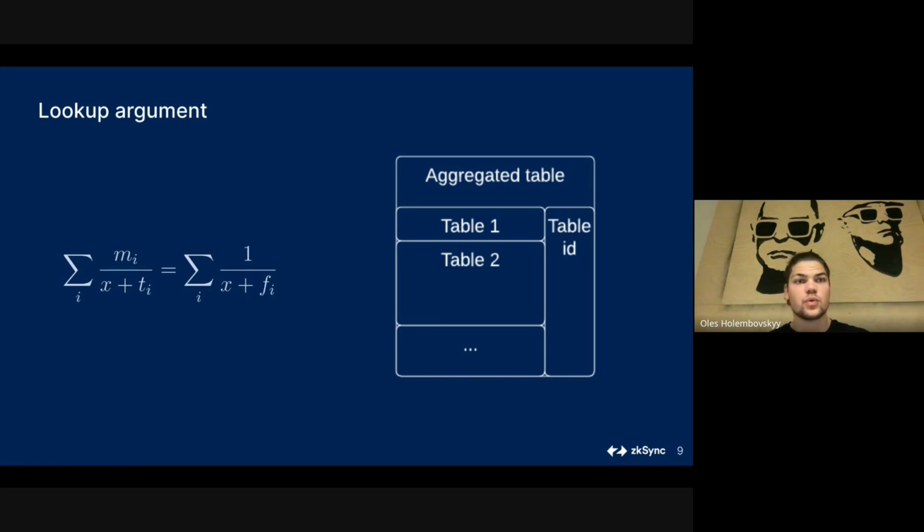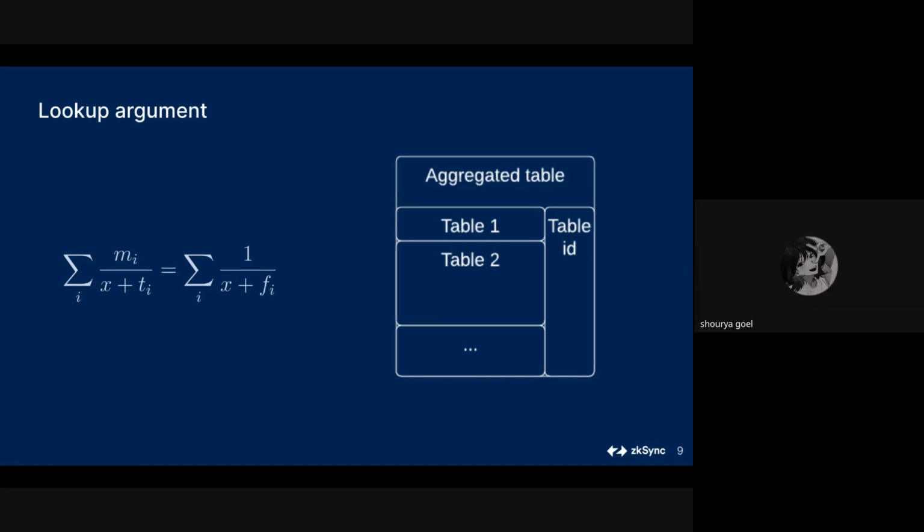Okay, any questions? I don't understand how the complexity of calculating those values again is greater than proving that they exist in the table.